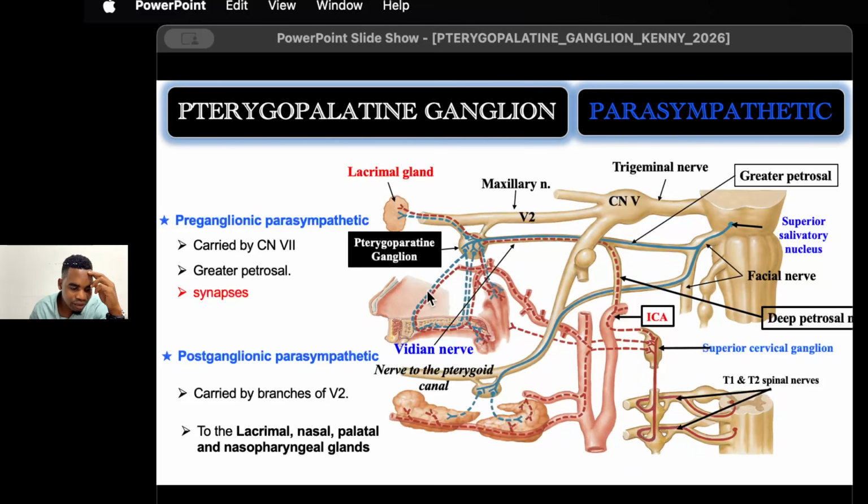We have the glands within the nose, which are called the nasal glands. We have the glands within the nasopharynx. We have the palatal glands, and also the lacrimal glands. They are all being supplied by these branches that are coming from the pterygopalatine ganglion through V2.